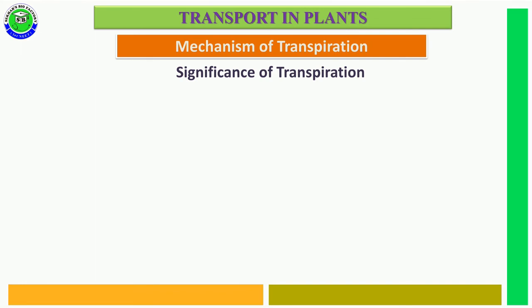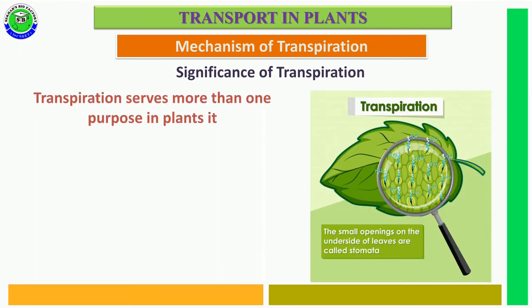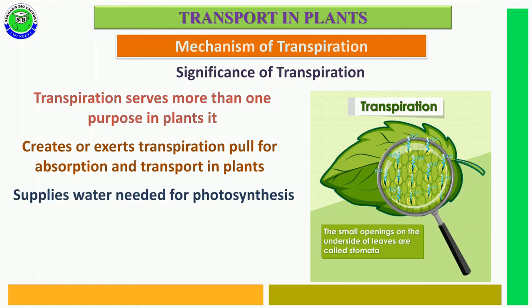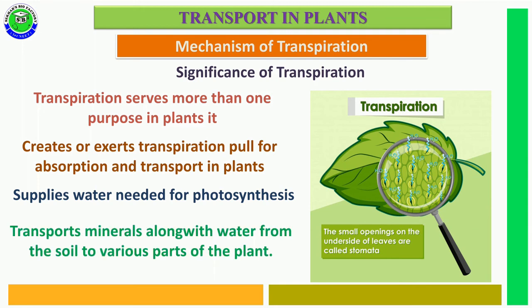The significance of transpiration. So transpiration serves more than one purpose in a plant. Transpiration exerts transpiration pull for absorption and transport in plants, and it helps to supply water needed for photosynthesis.